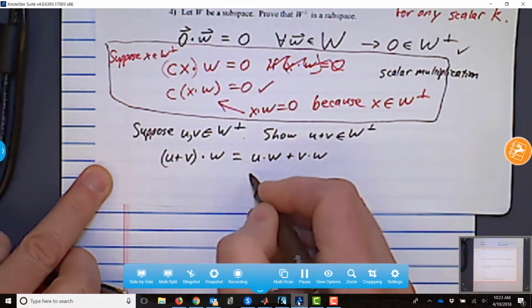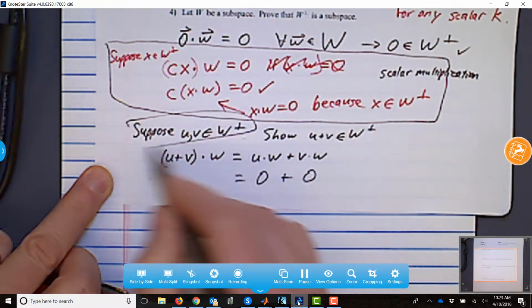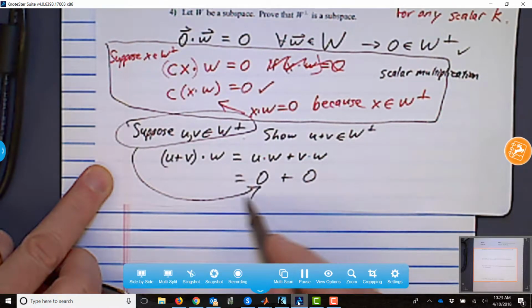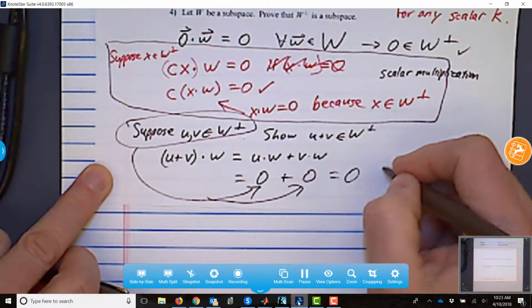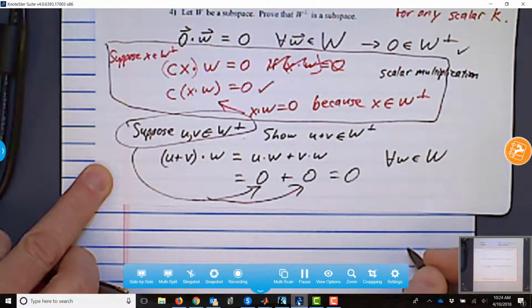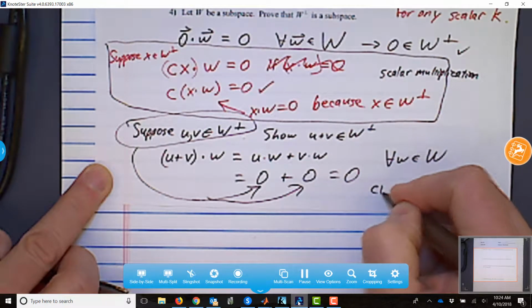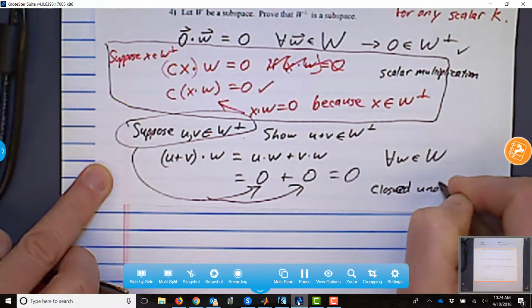And we know that each of these is 0 because of the given. So we get 0 again for any W in W. And this shows that it's closed under addition.